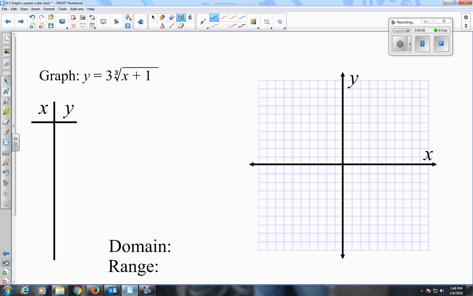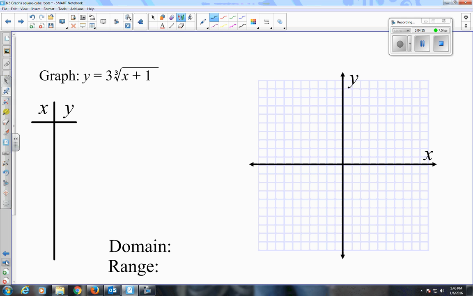Let's ignore the 3 out front for a minute. What does this plus 1 by the x do to change the graph? It moves it up, down, left, or right? It's going to be to the right.